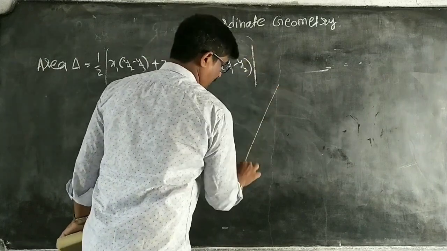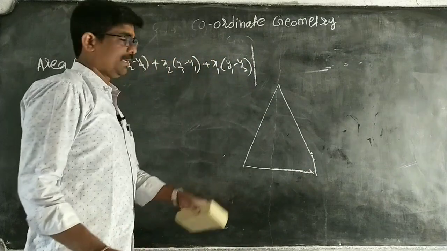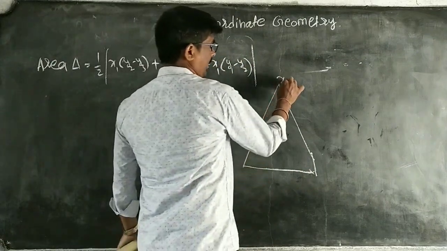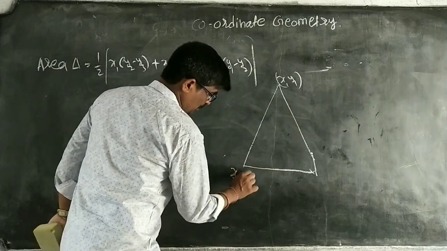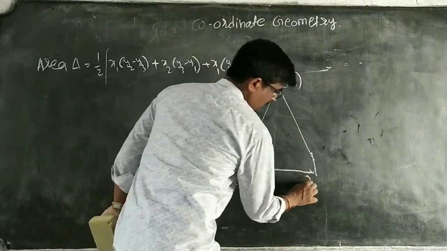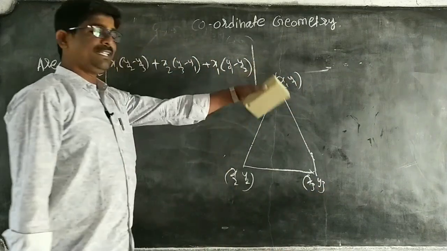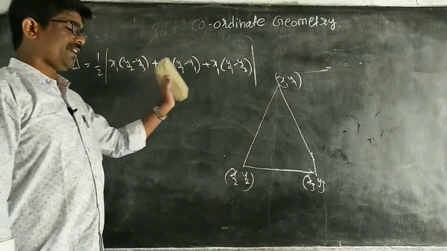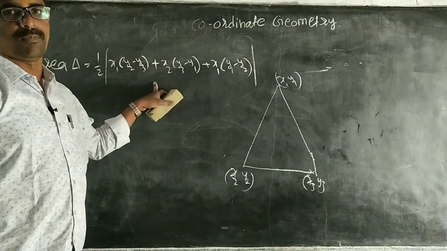The mod means whether you get positive or negative, you have to take the positive value only. Here you take a triangle in a plane with points x1, y1, x2, y2 and x3, y3. Using these points, we find the area of the triangle. So this is the formula.